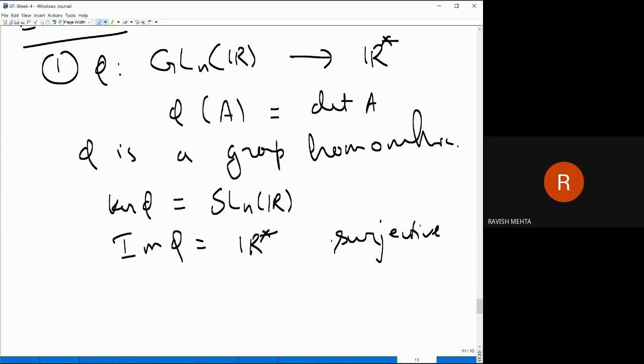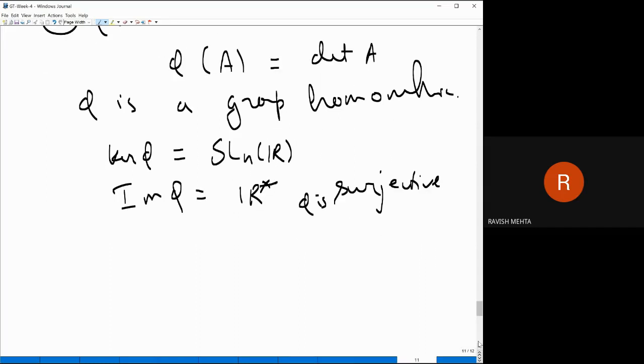Because you can take a matrix in SLn(R) and multiply one of its rows with any real number.